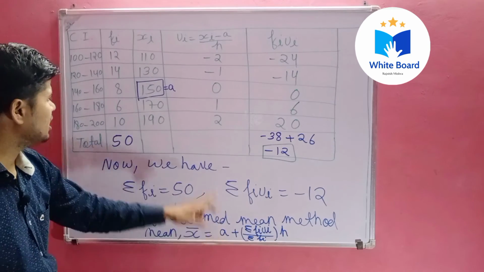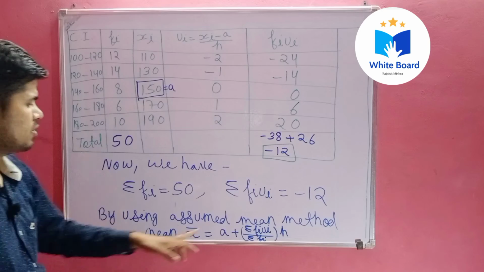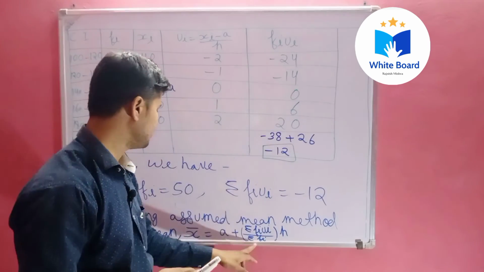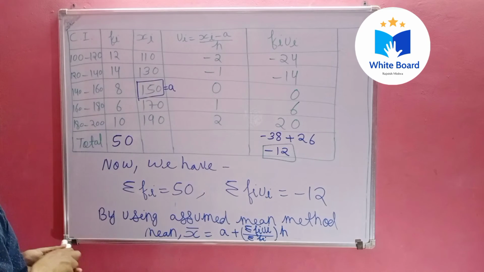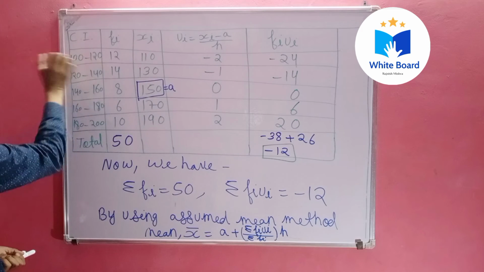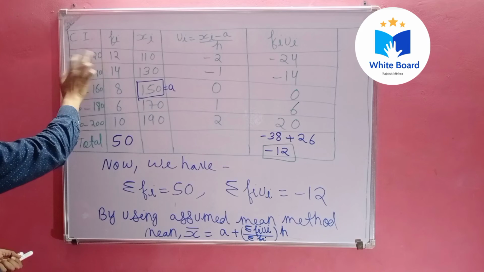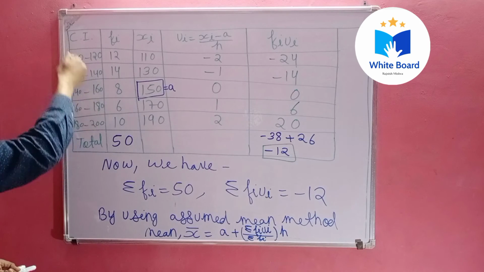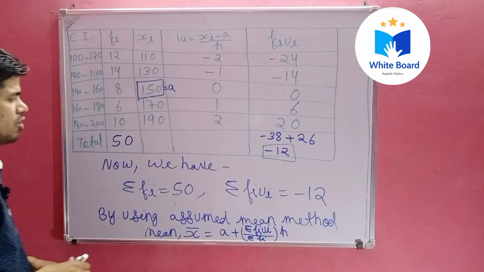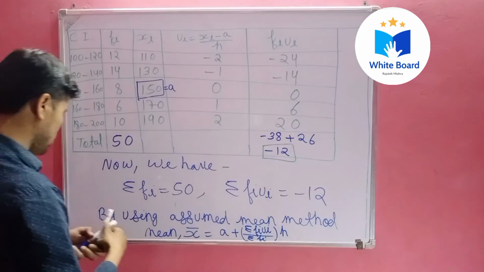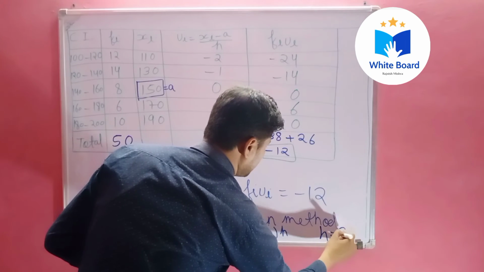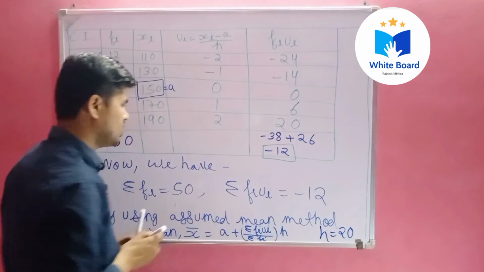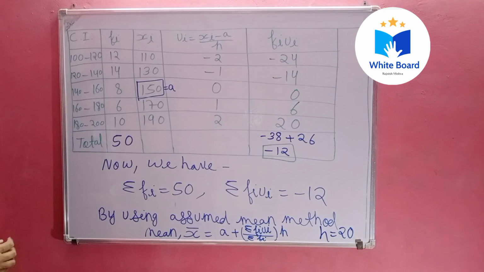So here a is the assumed mean that we assumed, summation fi ui is this, summation fi is 50, and h is the difference between two class intervals. Like here the difference is 20, and the same difference is maintained in all the class intervals. So here our h is 20. Now I rub the board and you just note it down.